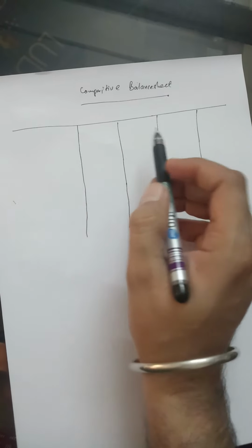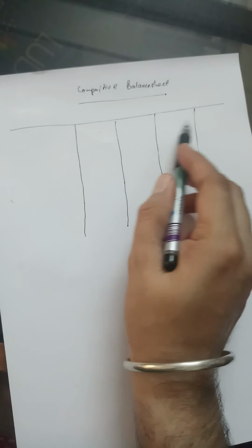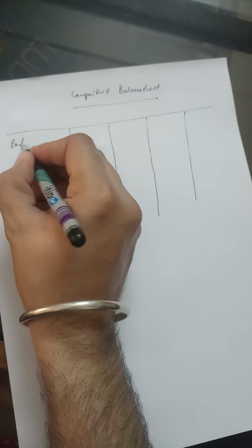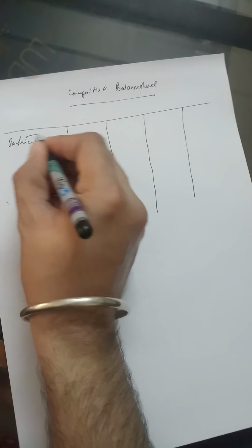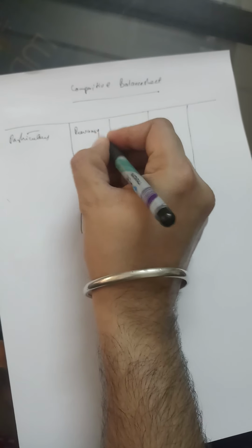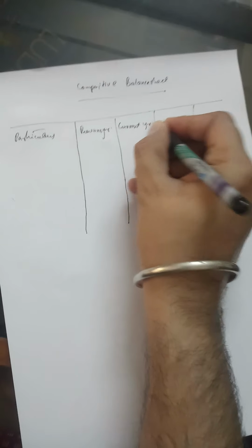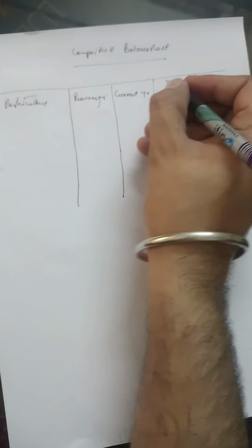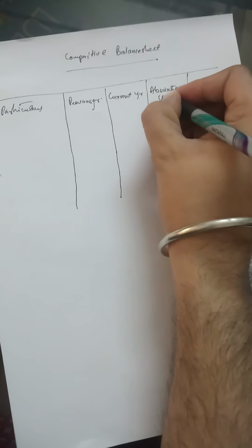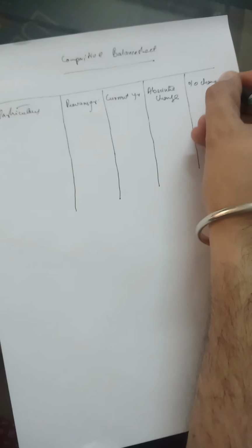As you see, there are 1, 2, 3, 4 columns. Particulars, previous year, current year, absolute change, and percentage change.